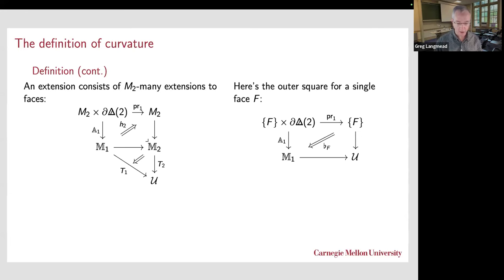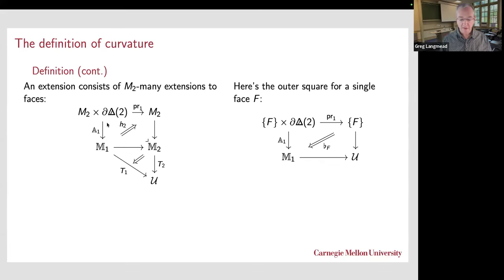So where's curvature? Curvature is a piece of that extension. Let's draw M1 and M2 only, and here are the type families and the filler that they're an extension. And then let's remember the pushout data that was up there: a bunch of faces that got glued onto M1 to make M2.